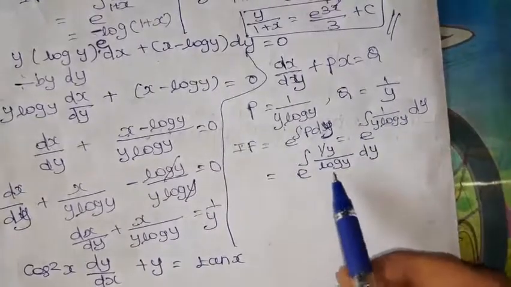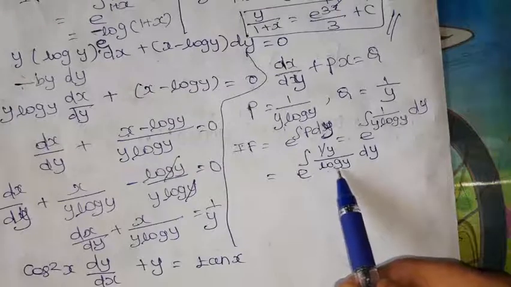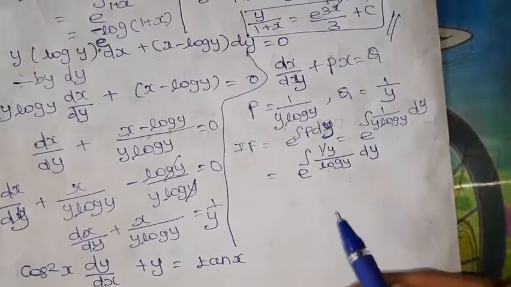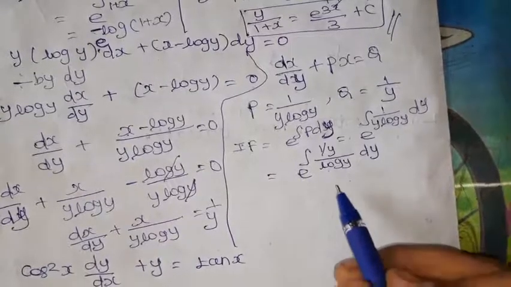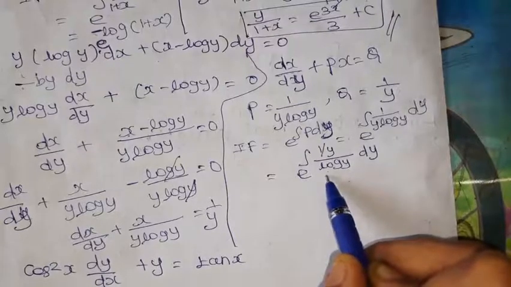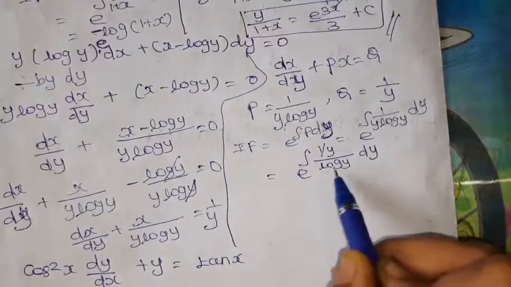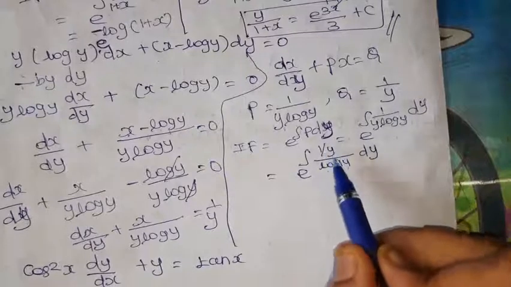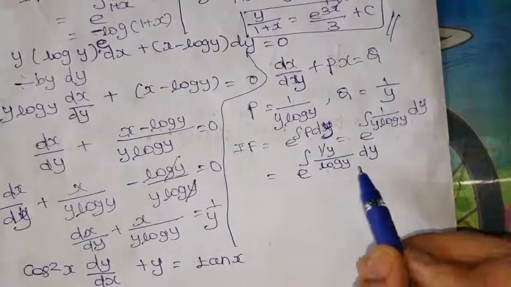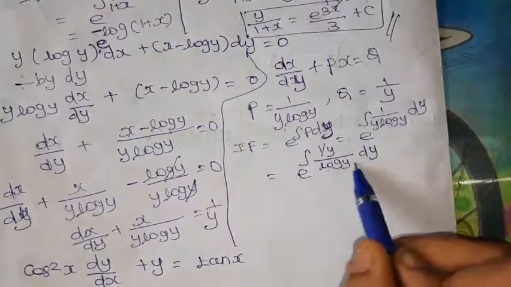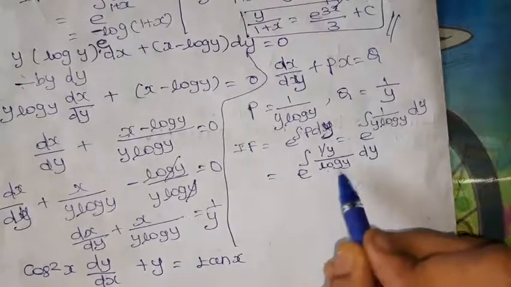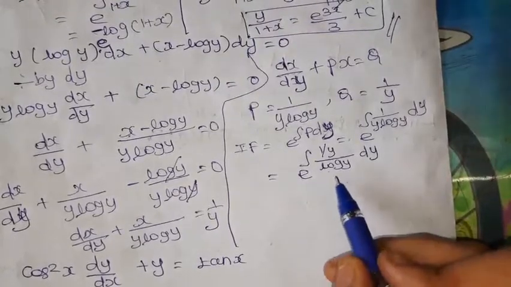By differentiating, something dy by something can be written as log of that value.